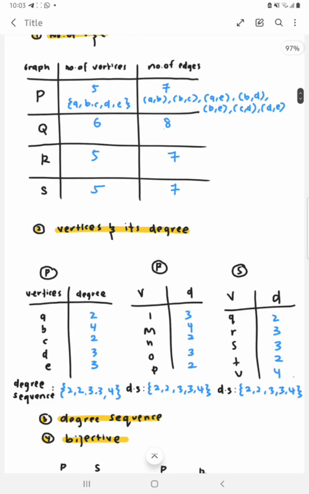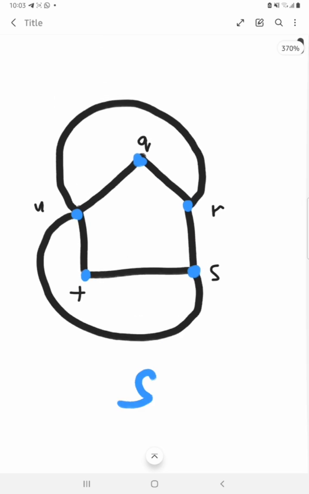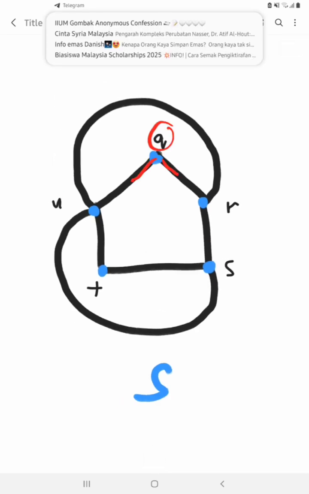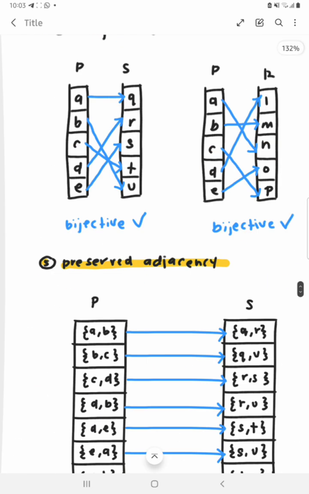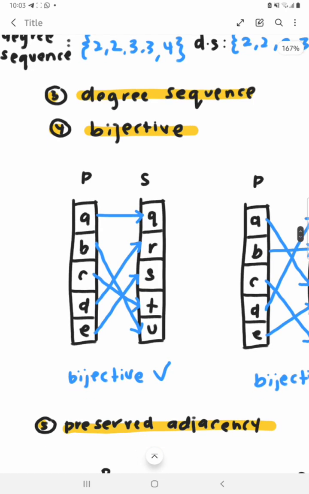Okay, at graph S, does Q have degree 2? Yes, Q has degree 2. Okay, so let's get back to where we left. So that's basically bijective.